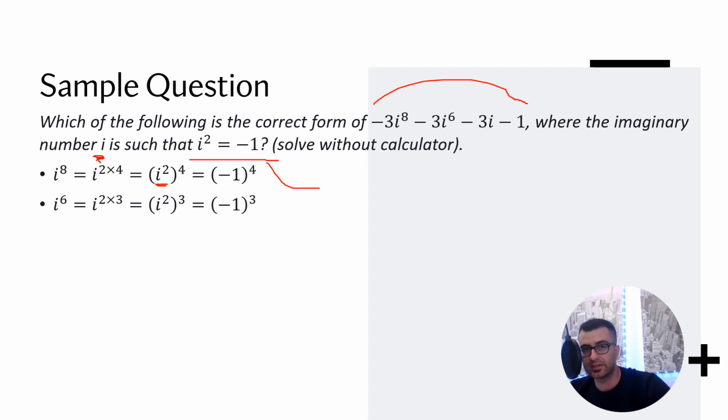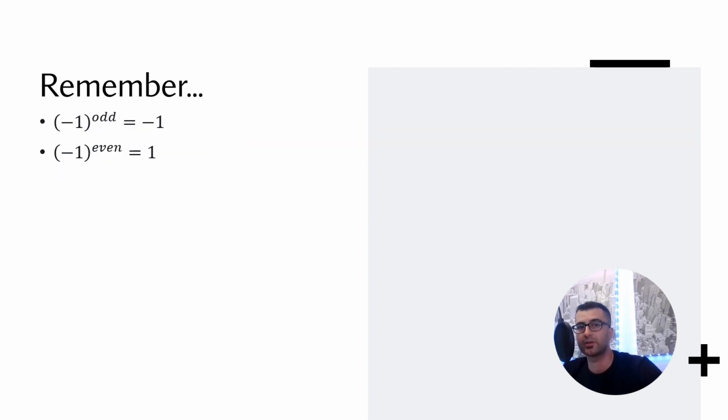Let's do exactly the same thing for I to the power of 6. 6 equals 2 multiplied by 3. Then we'll have this term, and these two, which are much easier to calculate. When we are talking about minus 1 to the power of a number, what matters is whether that power is odd or even.